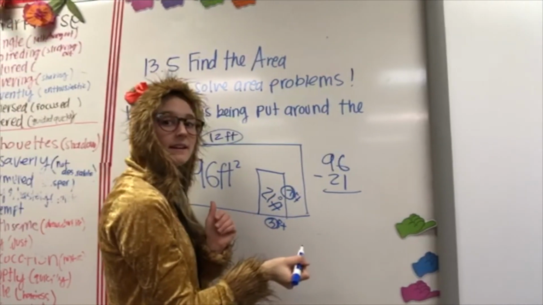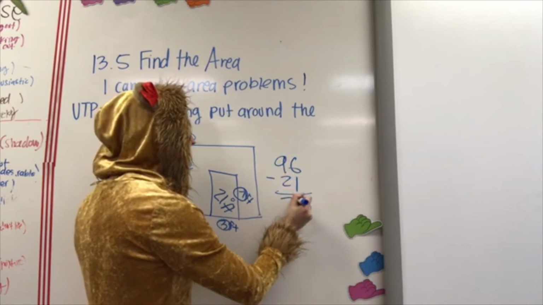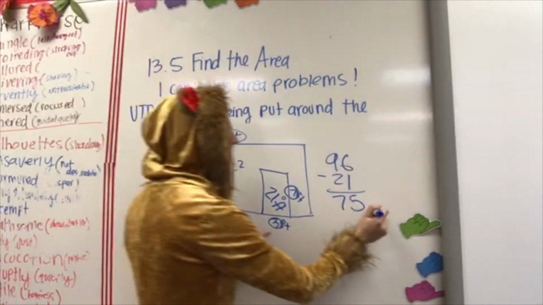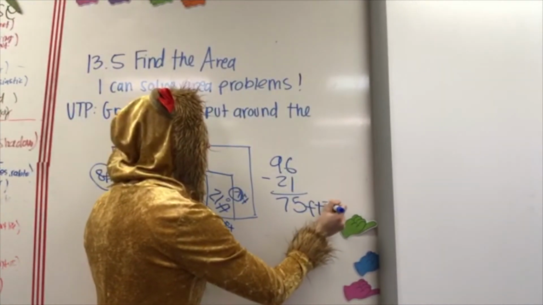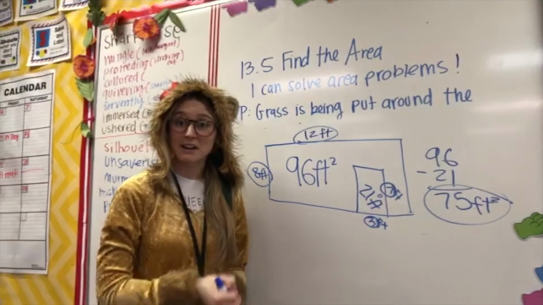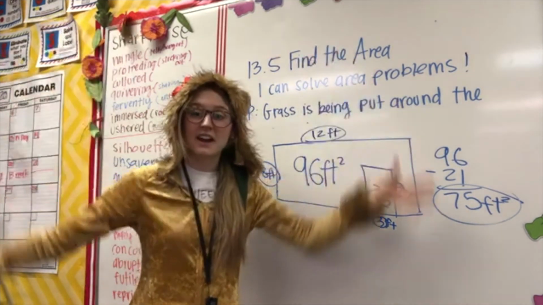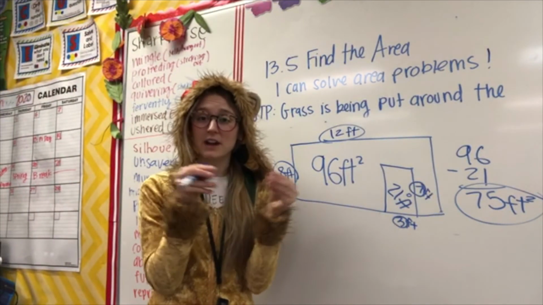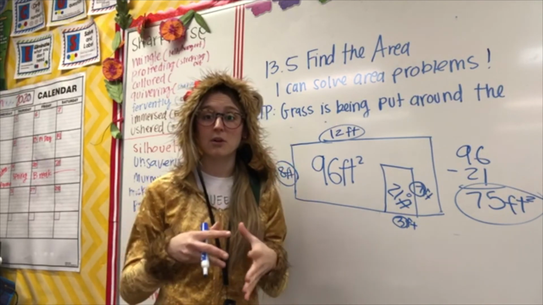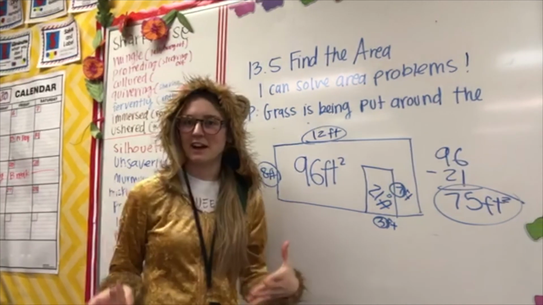So 6 minus 1 is 5. 9 minus 2 is 7. And then we have to add our feet. And because it's area, we're squaring it. So we should have 75 feet squared. All right, so remember, you take the bigger area and subtract the smaller area so you can find what you actually want to paint or cut or put grass upon.